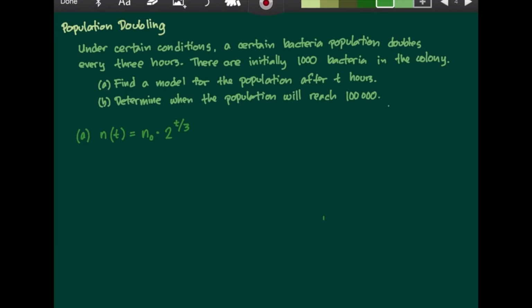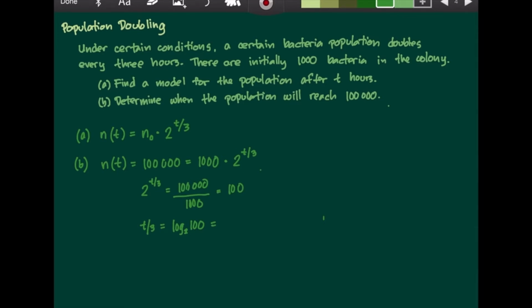So in the second question, we want to determine when the population will reach 100,000. So let's set N of t to 100,000. We're solving for t. This is equal to the initial population of 1,000 times 2 raised to t over 3. And we can write this as 2 raised to t over 3 is equal to 100,000 over 1,000 or 100. And using the properties of logarithm, we can rewrite this as t over 3 is equal to log base 2 of 100.